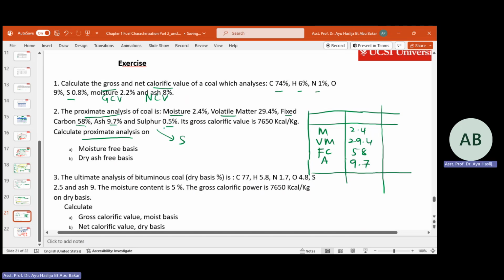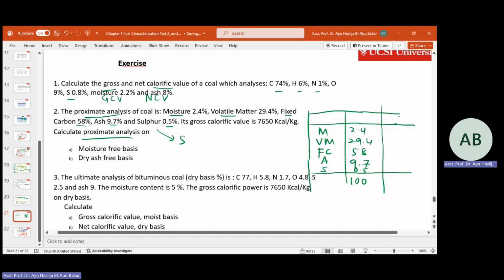Okay, so it means it includes the sulfur over here. Here we include sulfur 0.5 to make it 100%. But by right, it is only the four main elements, approximately.